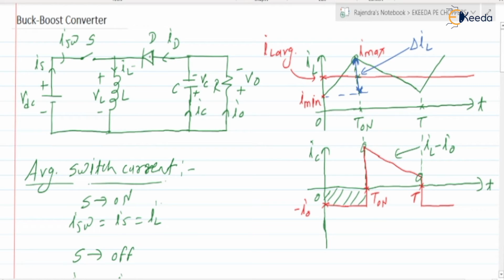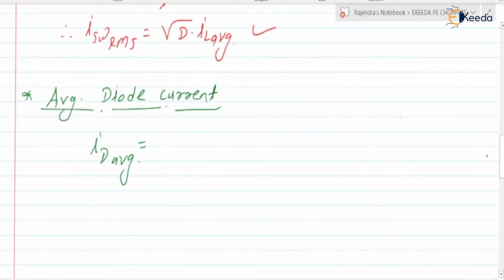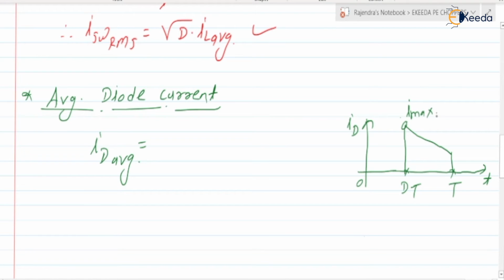So can we draw the waveform for the diode current ID? The waveform is over time 0 to dT and dT to T. During 0 to dT, that is during the on time, it is 0, and during dT to T it will be decreasing, changing from I max to I min.